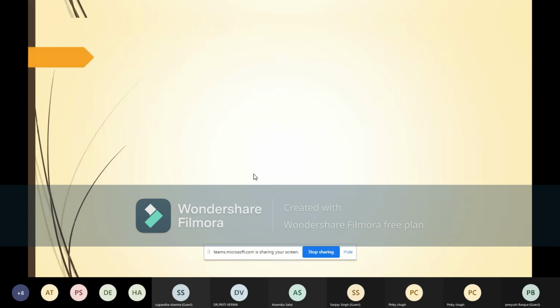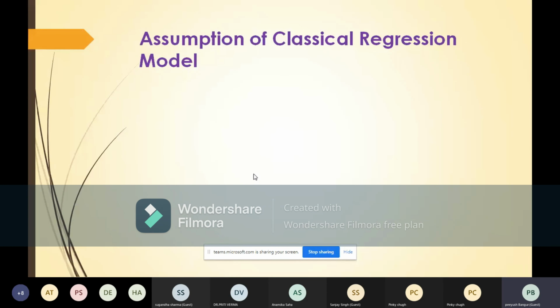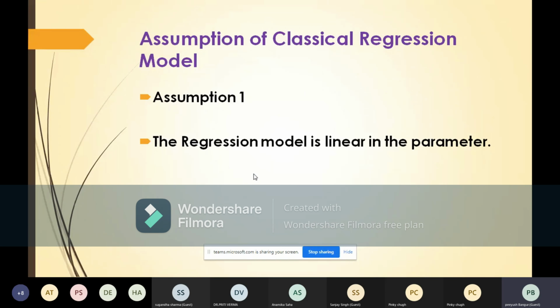So next, assumptions of the classical regression model. I have prepared seven to eight regression assumptions. We'll understand them one by one. Assumption one says: the regression model is linear in the parameters. The model should be linear. Again, one question was whether there is a fixed format for the regression equation.